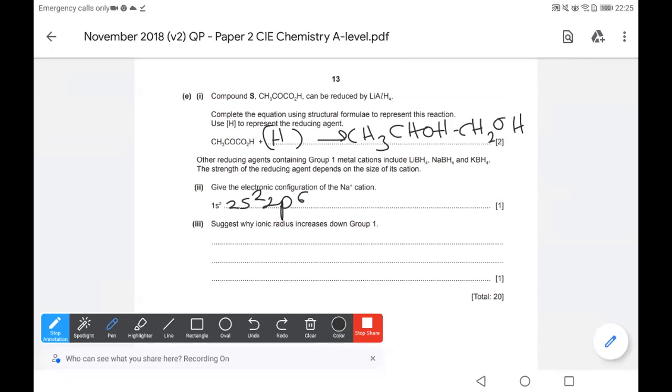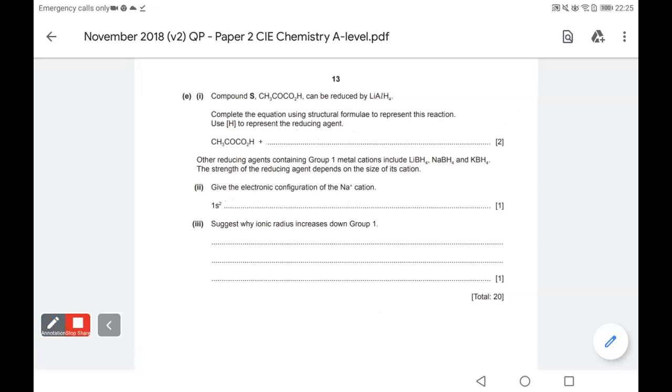That's why ionic radius increases down group 1, because the number of shells increases. When the number of shells increases, the radius increases.